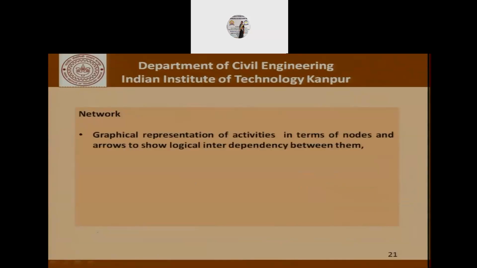And what is a network? It is a graphical representation of activities in terms of nodes and arrows to show logical interdependency between activities.